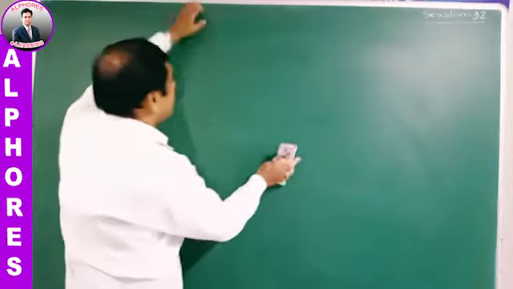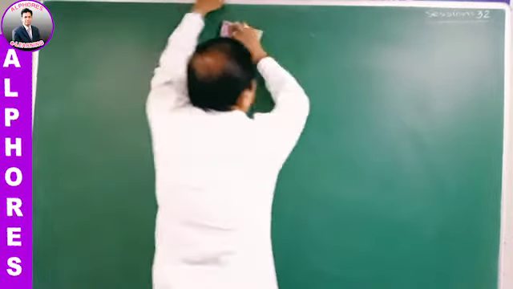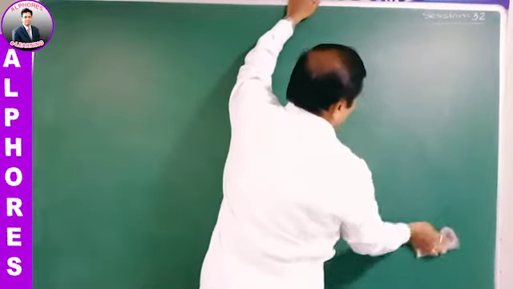What is meant by electron configuration? How can we define it?